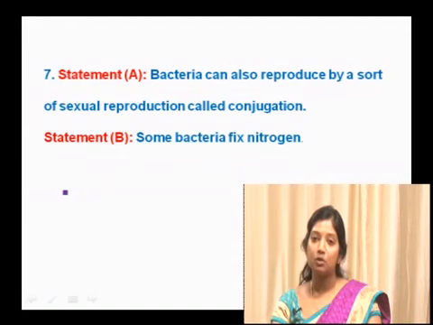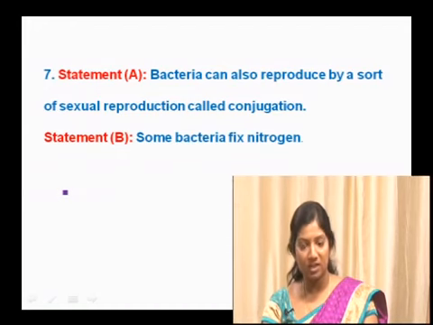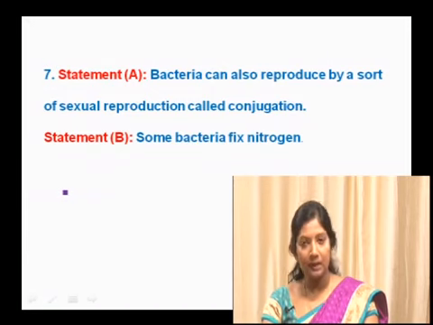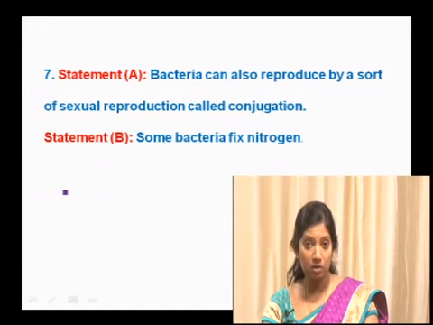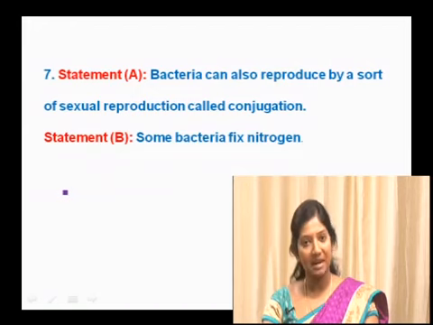Some reproduce by an asexual method such as binary fission. Then they can produce spores, especially when the surrounding conditions are unfavorable. They go for production of spores, and when the spore breaks open, a new bacterial cell comes out. Hence it is also a type of reproduction.